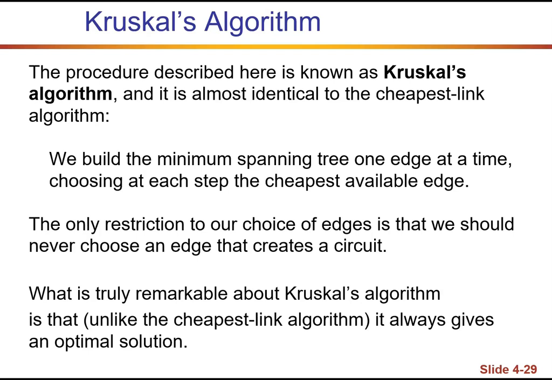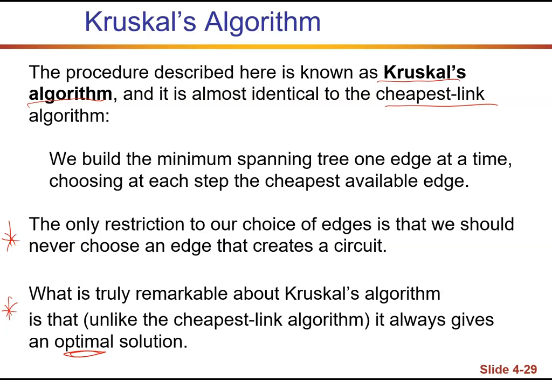The only restriction on our choice is that we should never choose an edge that creates a circuit. So again, cheapest link is really the same thing as Kruskal's algorithm. What's really awesome about this, unlike the cheapest link, is a bit of a difference: it will always give us the optimal solution.